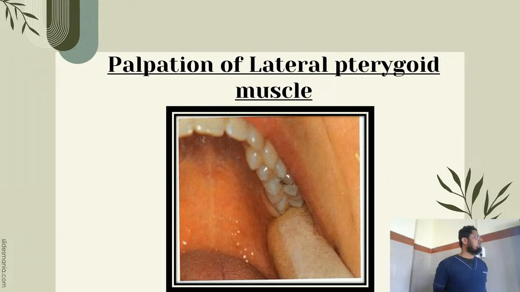For palpation of the lateral pterygoid muscle, we insert the index finger and palpate with the pulp of the index finger in the region posterior to the second maxillary molar, against the maxillary tuberosity.